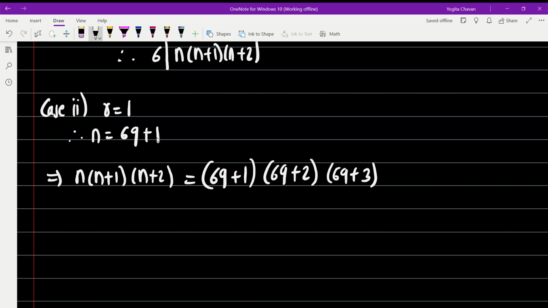If you add 2 in 6q plus 1, it becomes 6q plus 3.